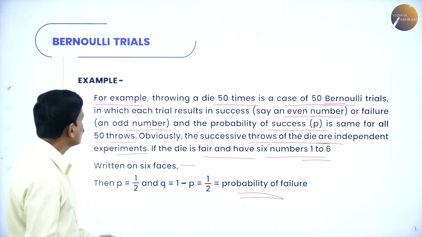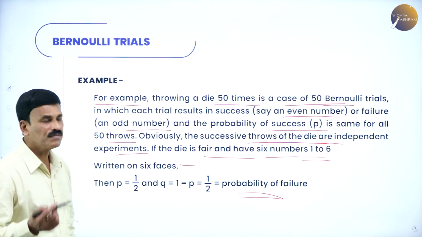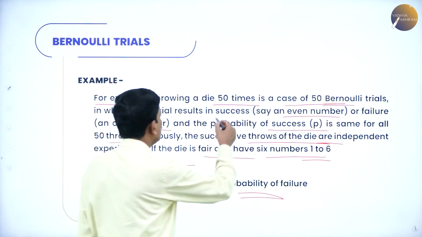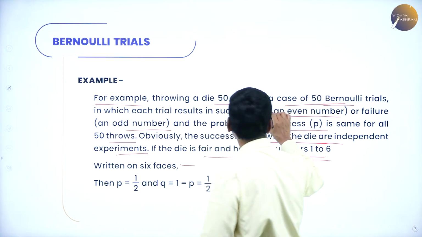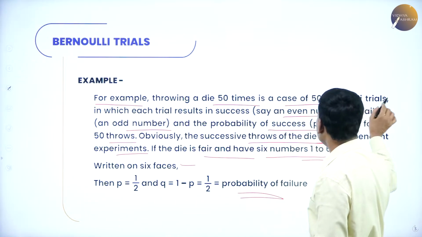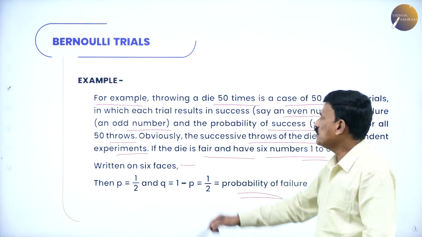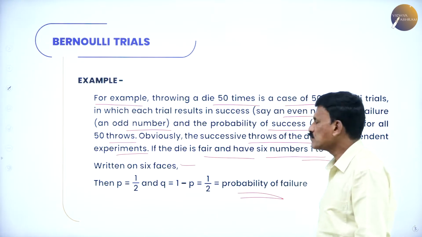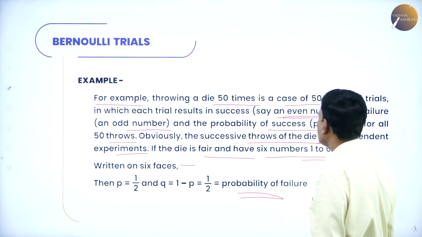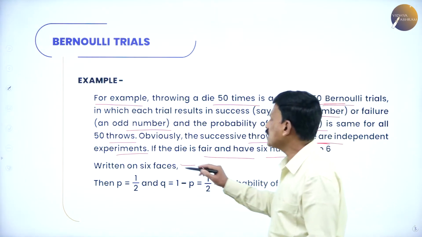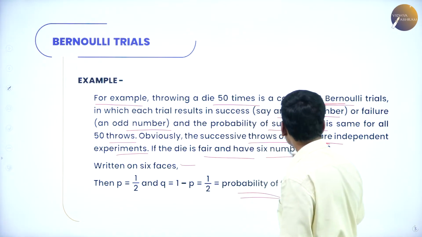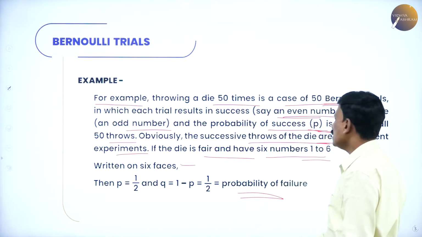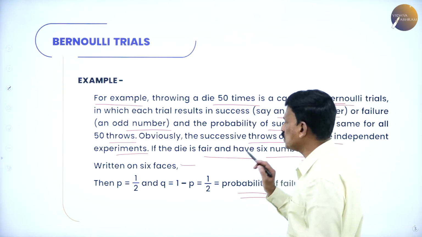Right. See here. Now, let us consider the example of a die thrown 50 times, a case of 50 Bernoulli's trials, in which each trial results in success, let us call it an even number, or a failure, an odd number. And the probability of success is p, the same for all the 50 throws.